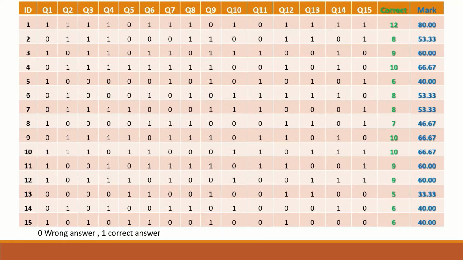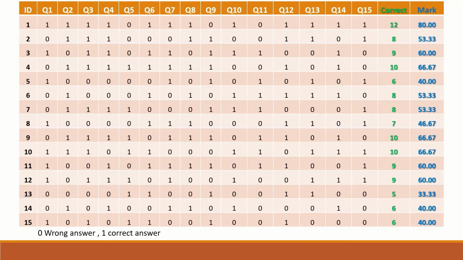To perform the point-biserial correlation coefficient statistical test and calculate the coefficient, we first have to calculate the correct answers that each individual student has achieved, and then add all the question scores for each individual student together, divide them by the total number of questions, in this case 15, and then multiply by 100 to generate the total mark, or the percentage of the total mark, as it is given here in the blue marked values in the column labeled mark.